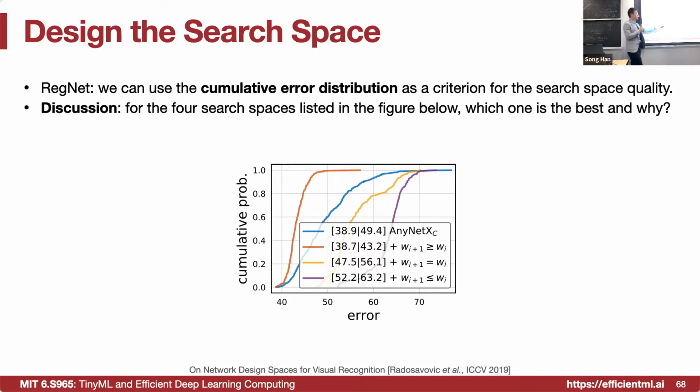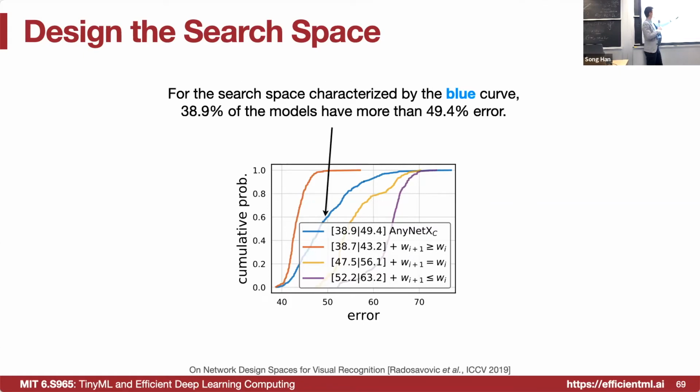Here in this example, we have 4 search spaces. What does this colored line mean? For example, here is the error, the lower the better, and this is the cumulative probability.